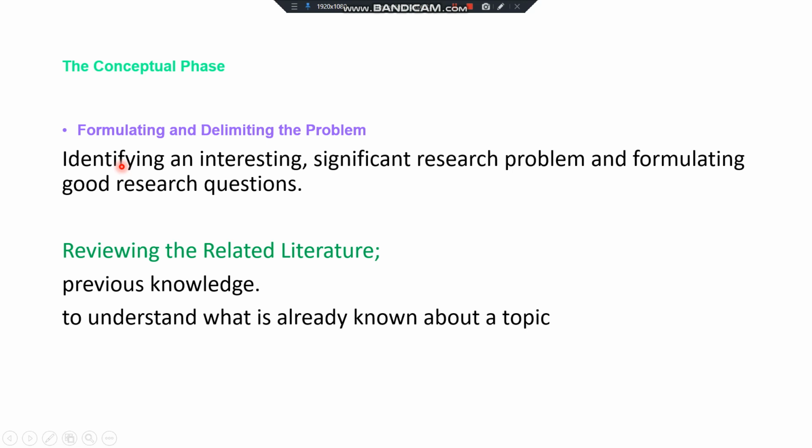Another one, it should answer questions, and it's also the broad initial questions that allow the focus to sharpen and delineate more clearly the study to be undertaken. Keep in mind the broad questions: how, when, what are the things we need to do, what benefit will they get, how can we connect it to our topic.